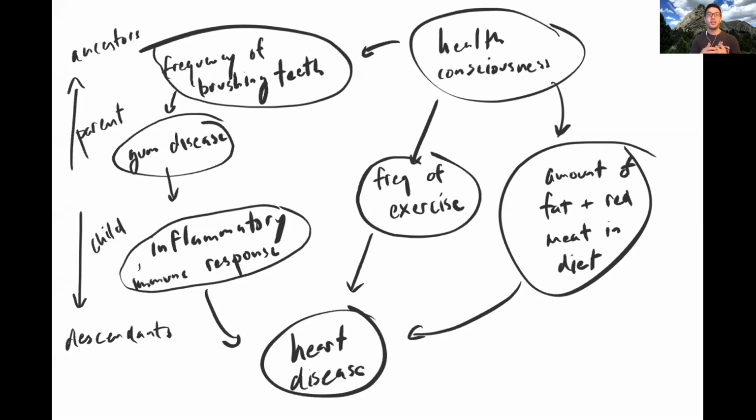the full model. And so why is that? If I brush my teeth more frequently and I observe the heart disease, well, you may see a decrease in heart disease, but that may actually be because a person who is generally health conscious may also be exercising more often and may also be eating less meat and fat.